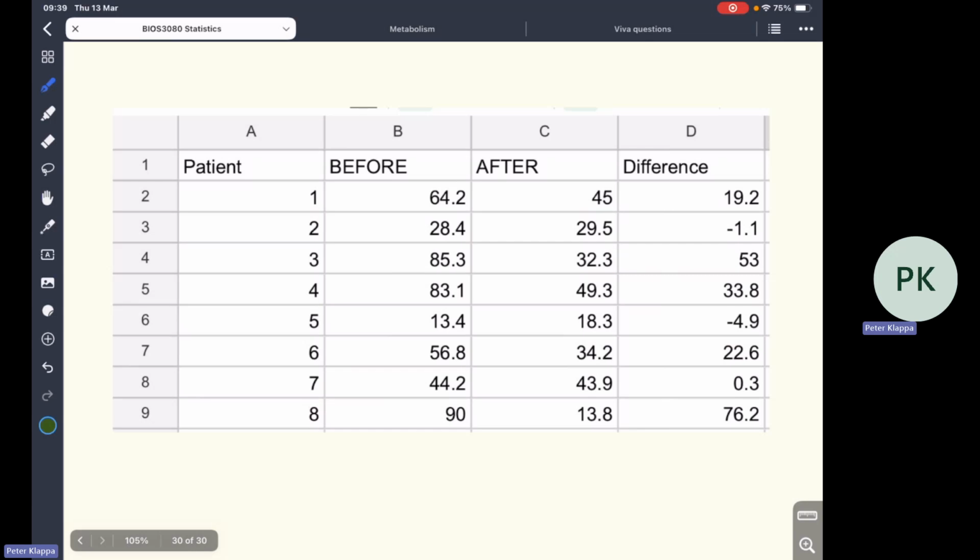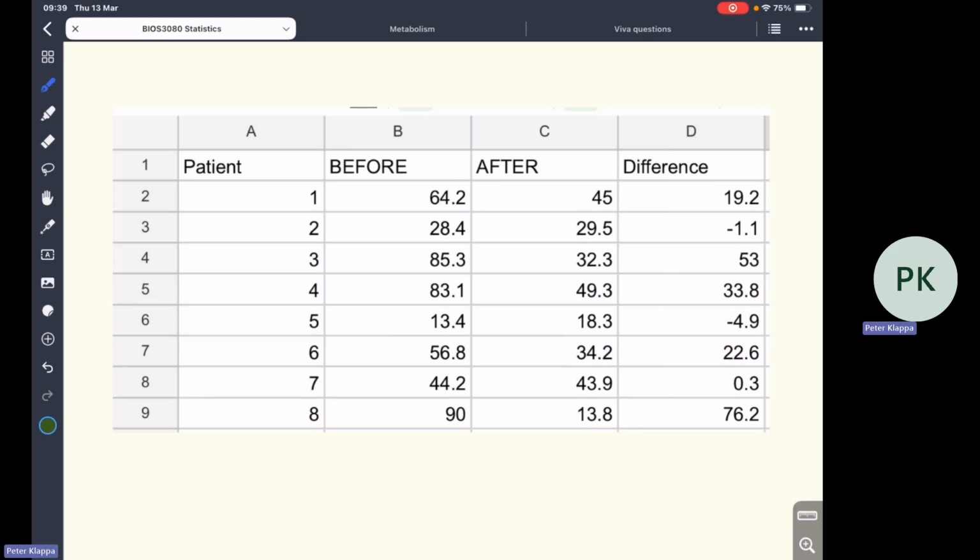We could say we had patients, say we take 8 patients, and for each patient, we measure the tumor size before the drug treatment, and then we give the drug, wait a little bit, and then measure for the same patient. It's the same patient, right? After the drug, the tumor size.